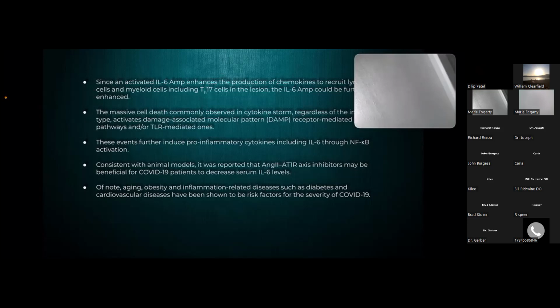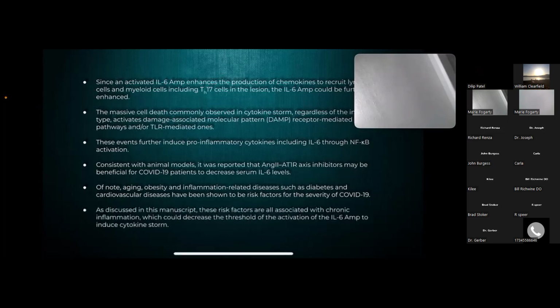Of note, aging, obesity, and inflammation-related diseases such as diabetes and cardiovascular diseases have been shown to be risk factors for severe, of course, see, it makes sense now. Aging, senescent cells, obesity from mechanical stress releasing cytokines, and inflammation-related disease, diabetes, cardiovascular diseases. And yeah, they were in bad shape.